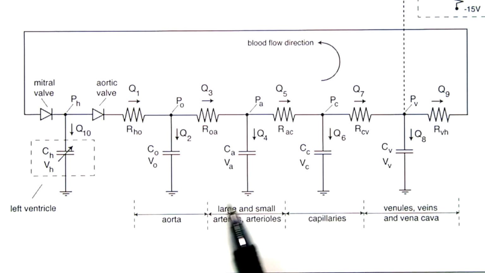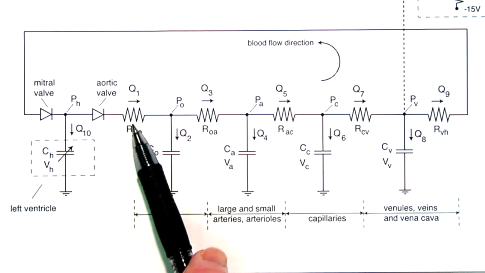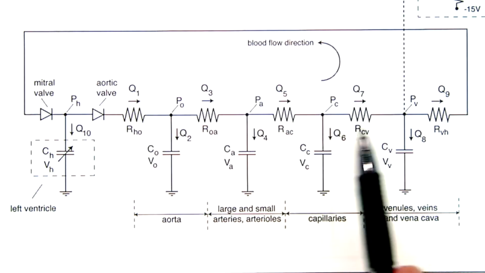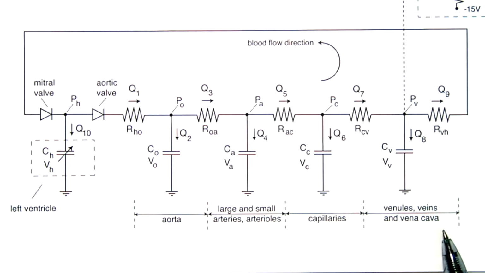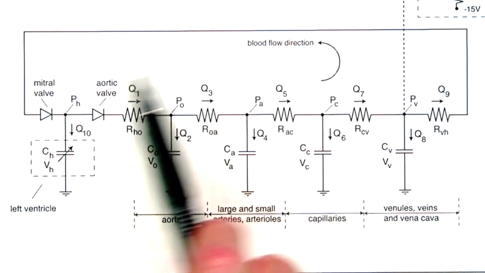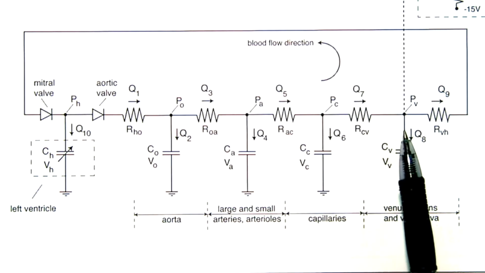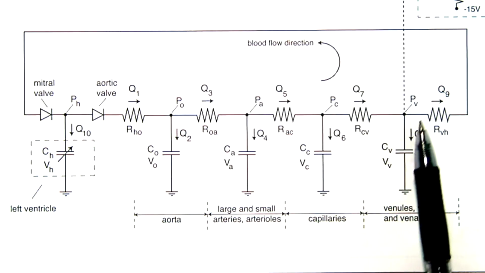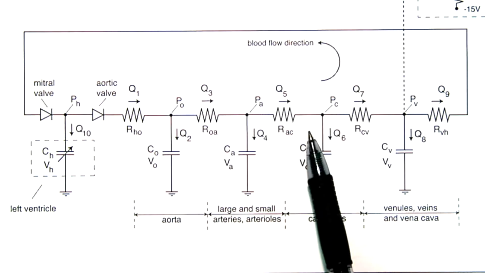The reason that we've lumped some of these together is to reduce the total number of equations and Windkessel elements that we have to solve for. Notice that we have 5 remaining: 1, 2, 3, 4, 5 Windkessel elements remaining. If we went any further, it would reduce the model down to something that would be too simple to be accurate. This is called, therefore, a lumped element model.